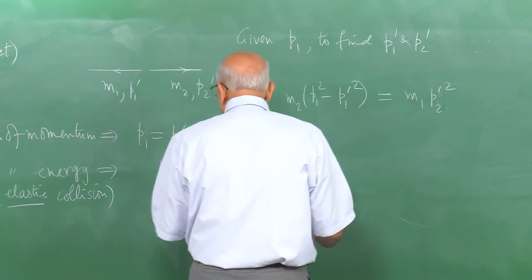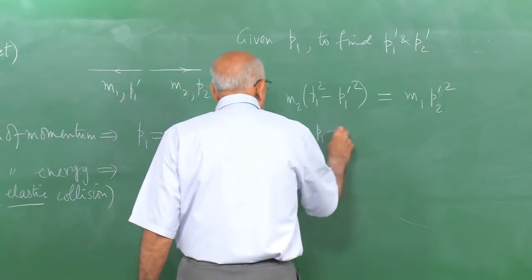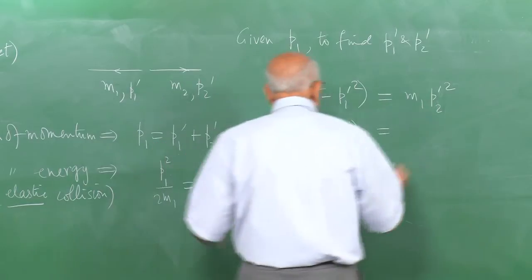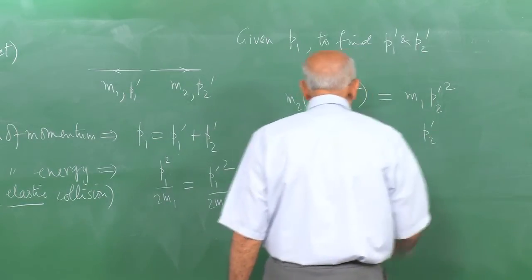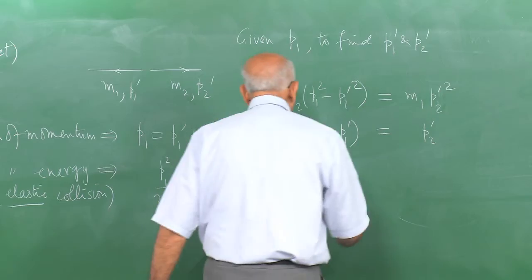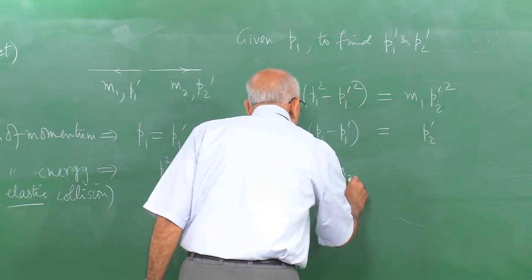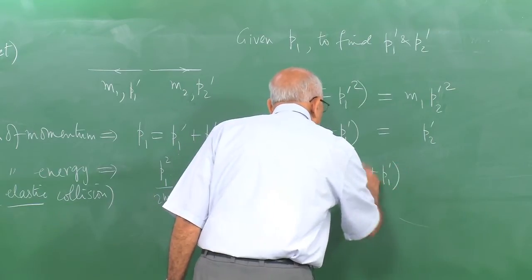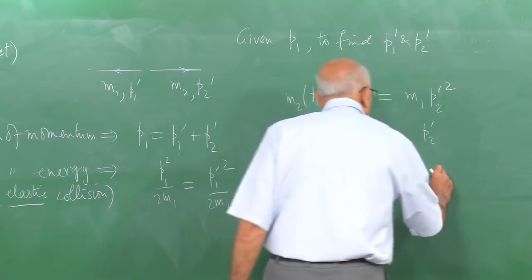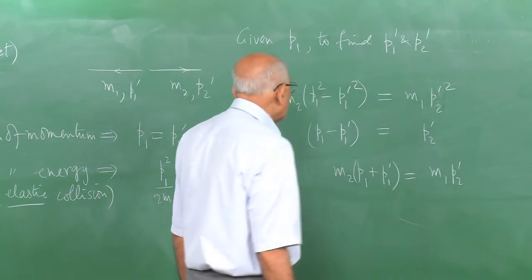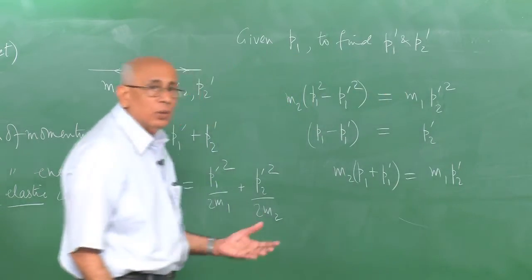On the other hand, we also know that p1 minus p1 prime is equal to p2 prime. So dividing this by this and cancelling out p1 minus p1 prime, we have m2 times (p1 plus p1 prime) is equal to m1 p2 prime. So we have two simultaneous equations in two unknowns.